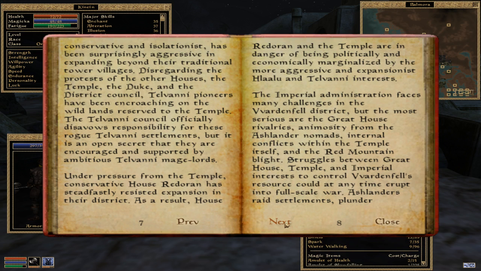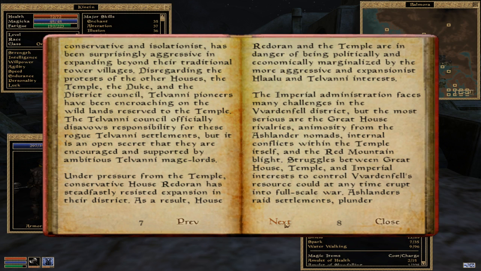The imperial administration faced many challenges in the Vvardenfell district, but the most serious are the Great House rivalries, animosity from the Ashlander nomads, internal conflicts within the temple itself, and the Red Mountain blight. Struggles between Great House, Temple, and Imperial interests to control Vvardenfell's resources could at any time erupt into full-scale war.